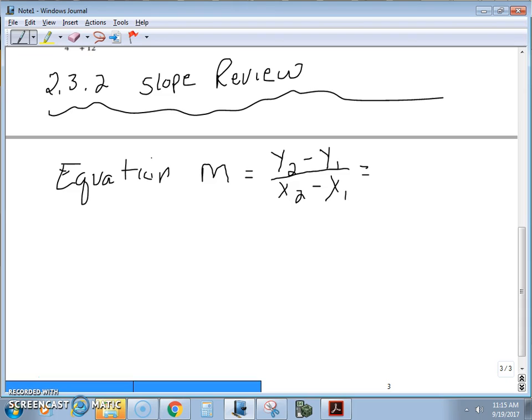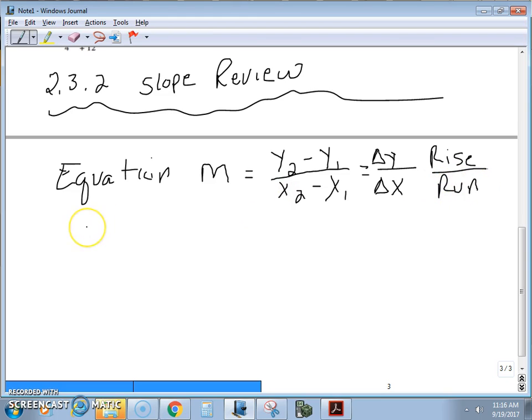Johan said, the rise over the run. He's exactly correct. Our change, that delta, means change in y, and underneath that is our change in x. And what that means is how far we're going up, or our rise over our run.